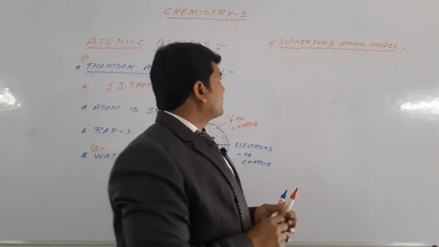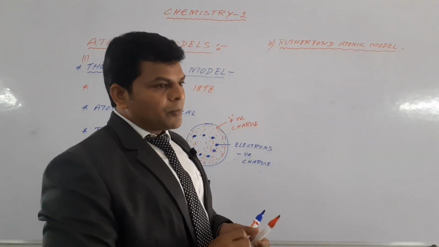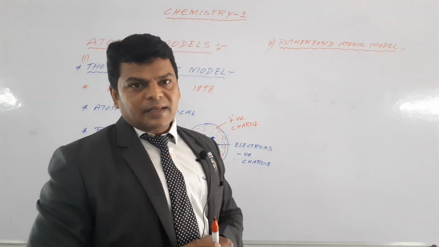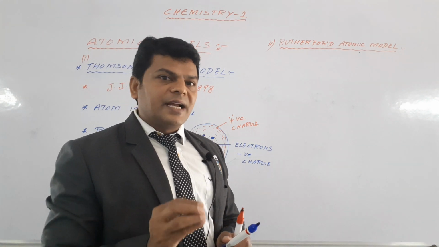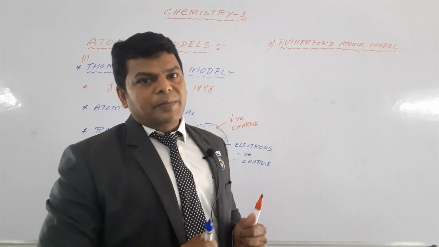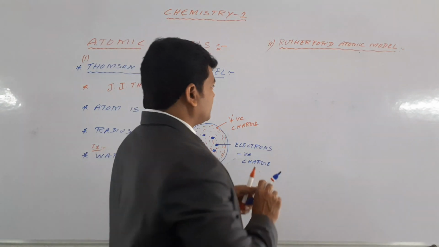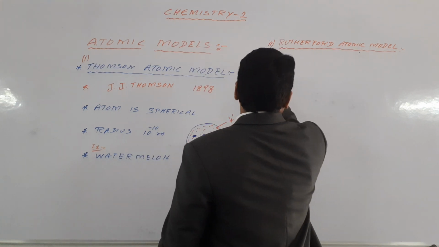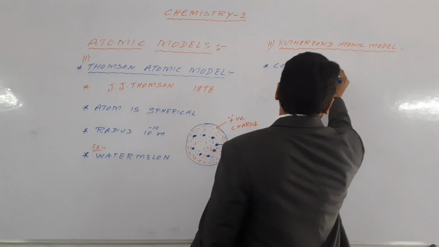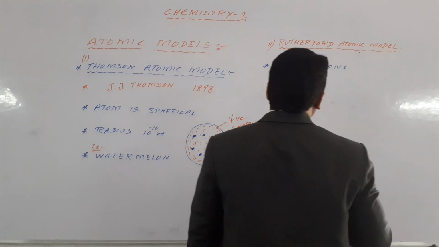To explain this atomic model, Rutherford conducted an experiment, the alpha ray scattering experiment. After conducting that experiment, he gave some conclusions. What are the conclusions given by Rutherford?